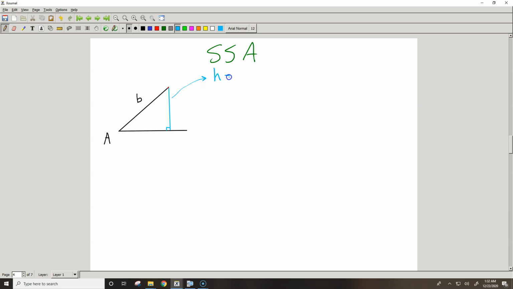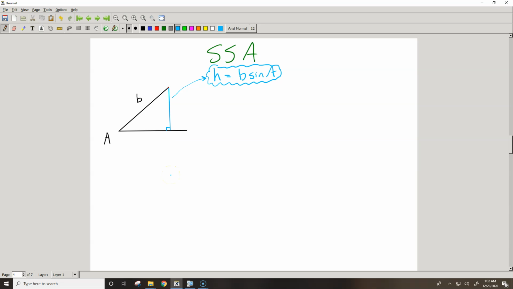The height is always going to equal B times the sine of A. So we're going to write that in. So here's the height of the triangle.